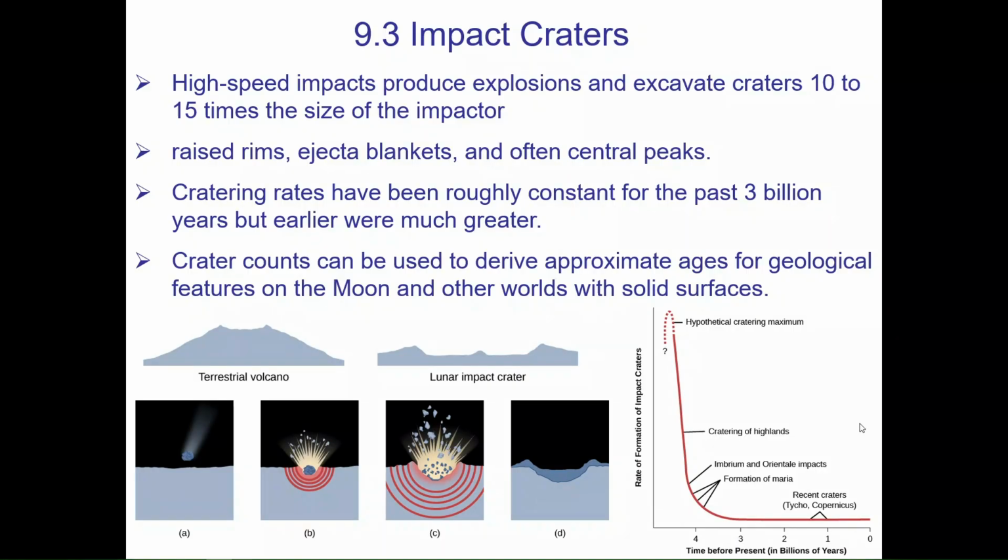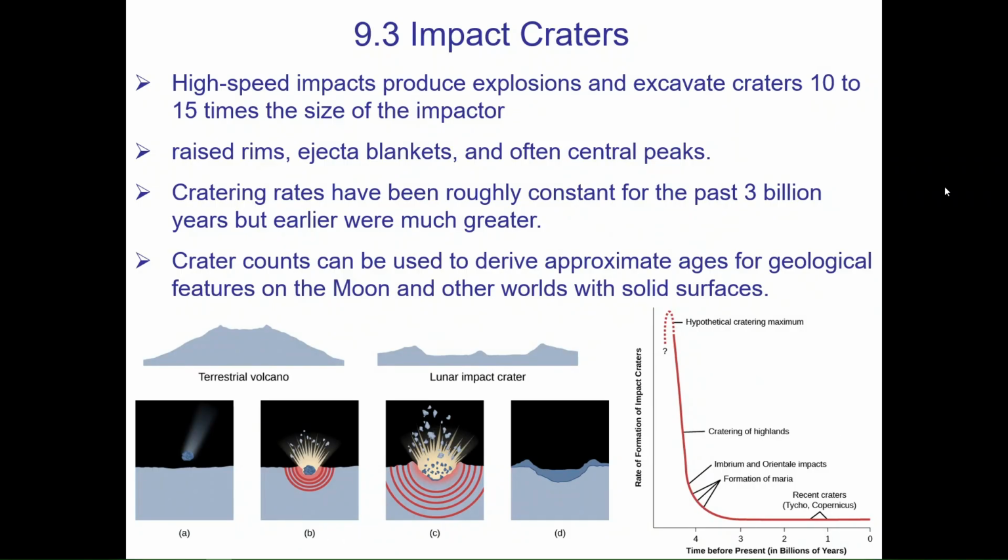So those debris were freely flying everywhere in the solar system, which resulted in a very high rate of formation of impact craters. Sometimes we call it the Late Heavy Bombardment period, before about 3 billion years ago. You can see this is roughly from 4 billion years ago, right after the formation of the solar system.